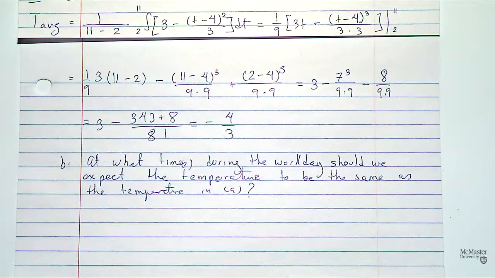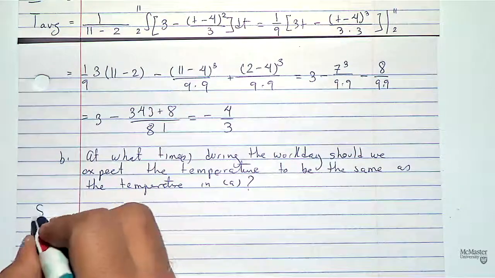So before we proceed, look, what we found in A was the average value. Essentially, a constant temperature such that the area over that interval is the same. Now, what we're going to do here is different. Here, we have a function for the temperature as a function of time, and we want to find the exact time in which we obtain that temperature. So it amounts to solving an equation.